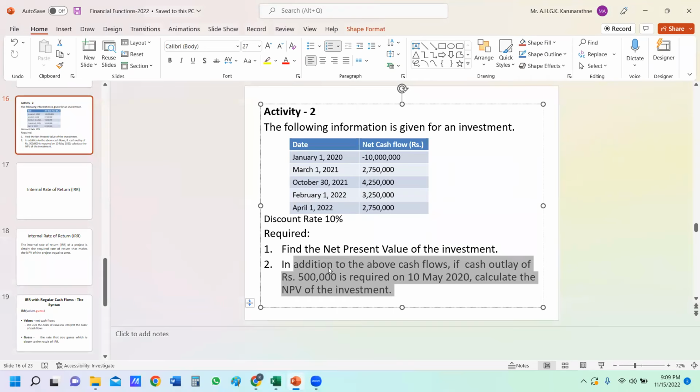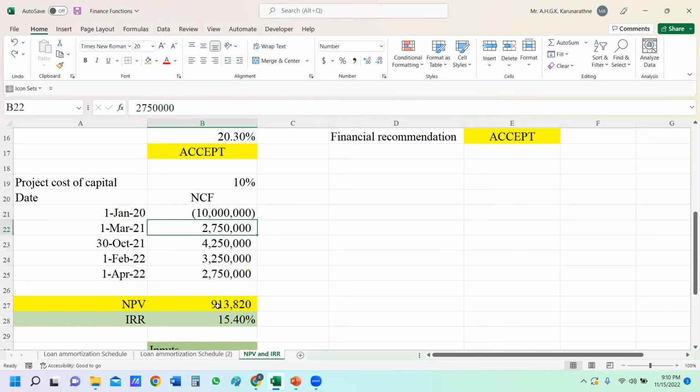So the question says, in addition to the above cash flows, a cash outlay of 500,000 is required on 10th May 2020. Suppose we have prepared the estimate, calculated NPV and IRR and recommended the project, and later on we identify another cash flow.